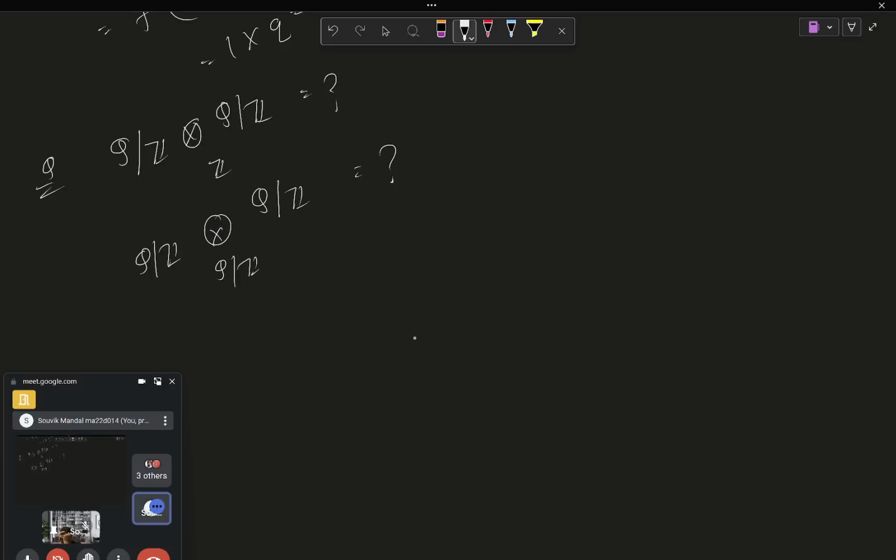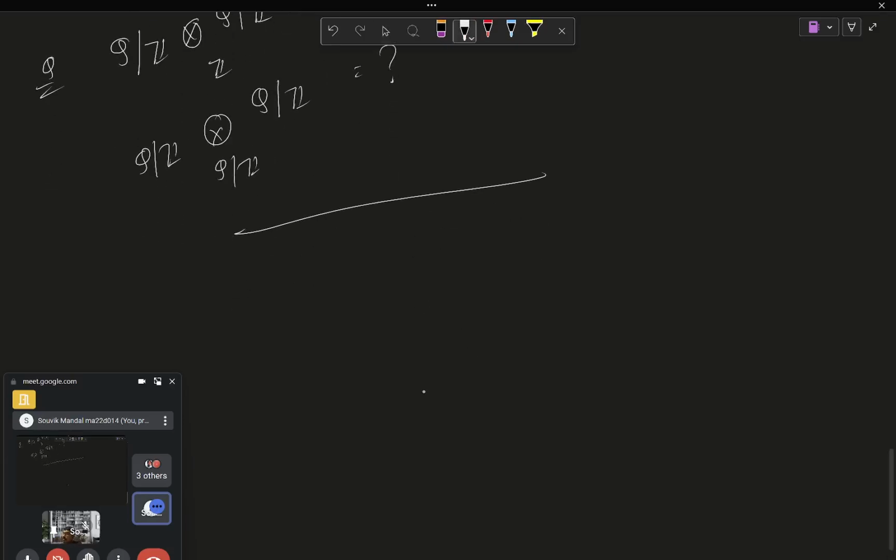Okay, so the answer goes as follows. Look, we are in Q by Z. Any element looks like p1 by q1 bar tensor p2 by q2 bar.